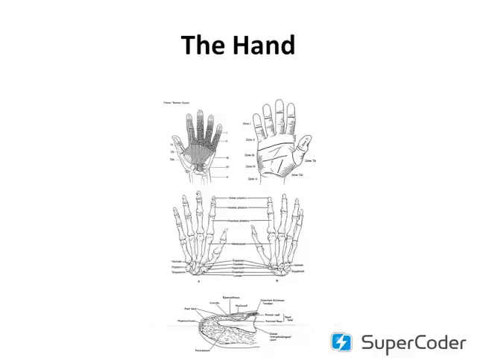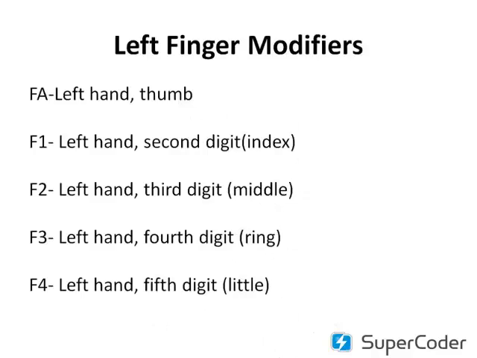All right. The next 2 slides have the finger modifiers for both the left hand and the right hand. If you notice, the left finger modifiers are denoted by 2nd digit, 3rd digit, 4th digit, 5th digit.